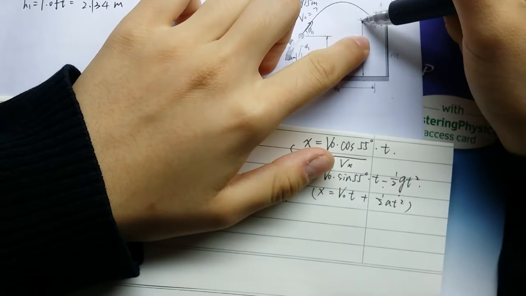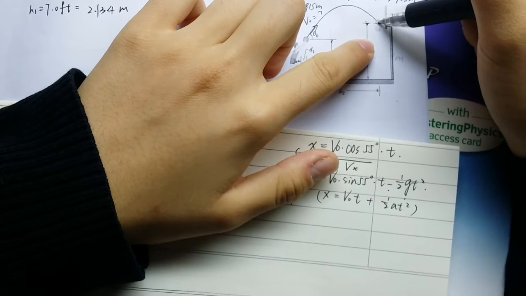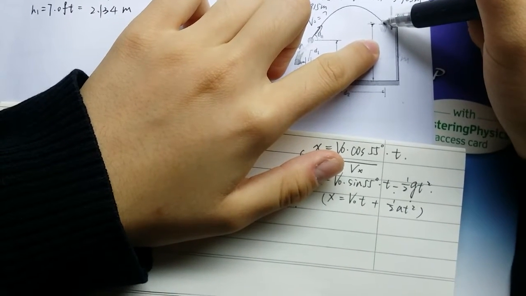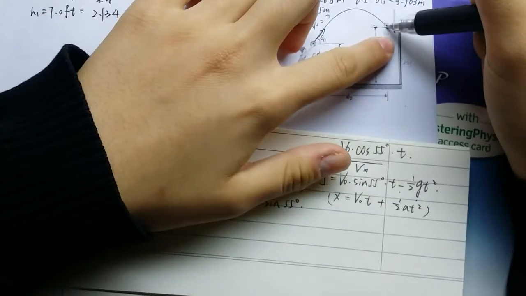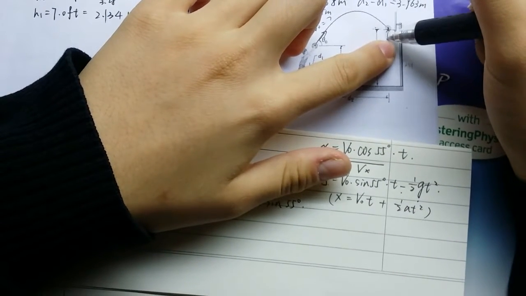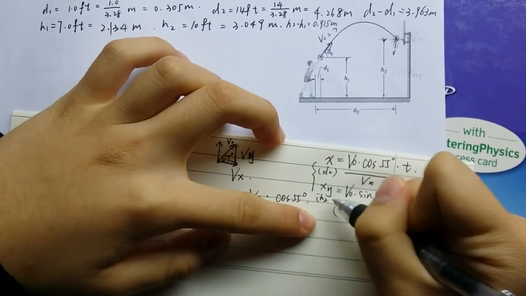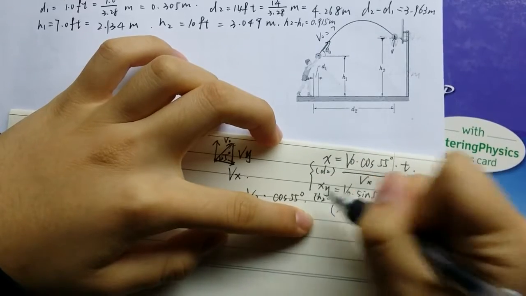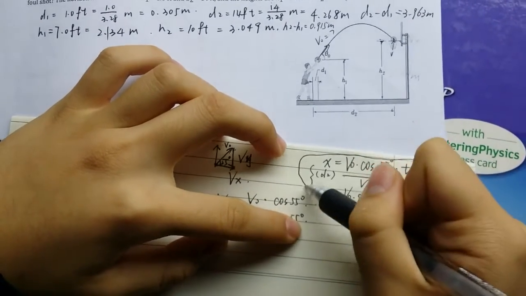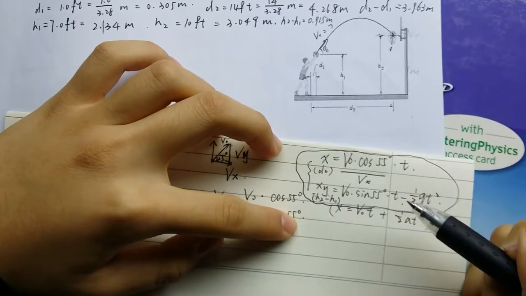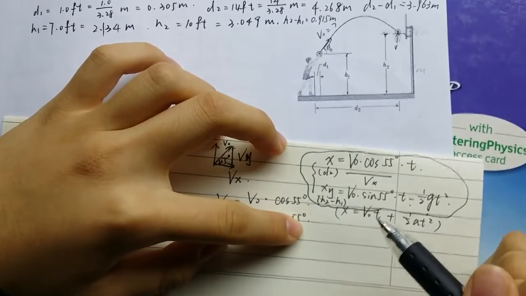It means the final position relative to the initial position, and the height between them is h2 minus h1. So we've got the equation, and we can solve this one and get the answer now.